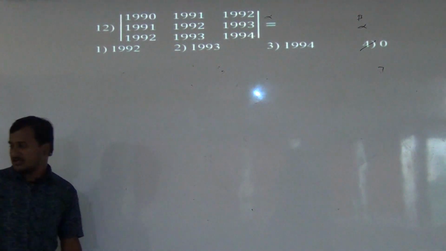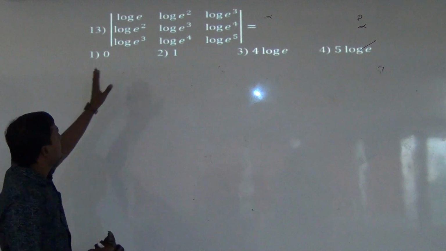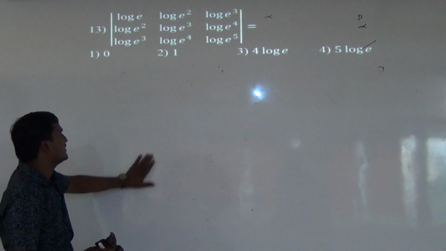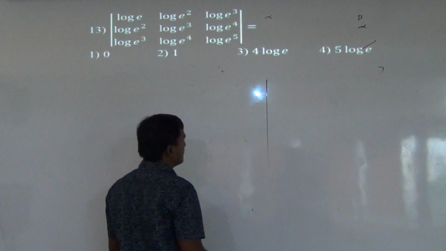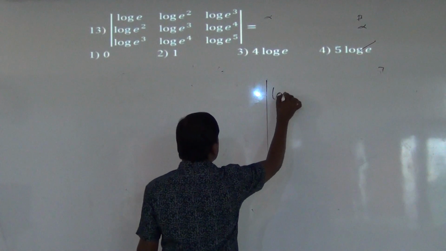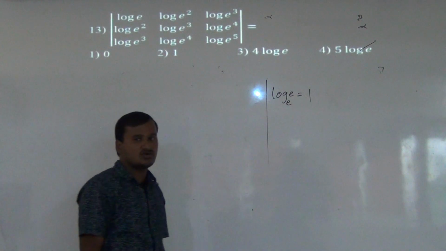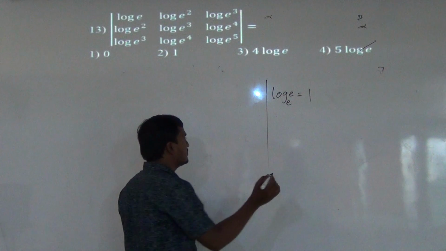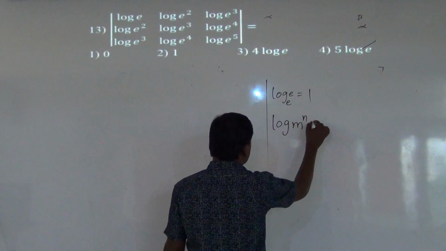Okay, the next question is this one, right? Here, find the value of this determinant. To find the value of this determinant, first you should know log e to the base e. The value of log e to the base e is always equal to 1, and also you know the formula of log m raised to n.